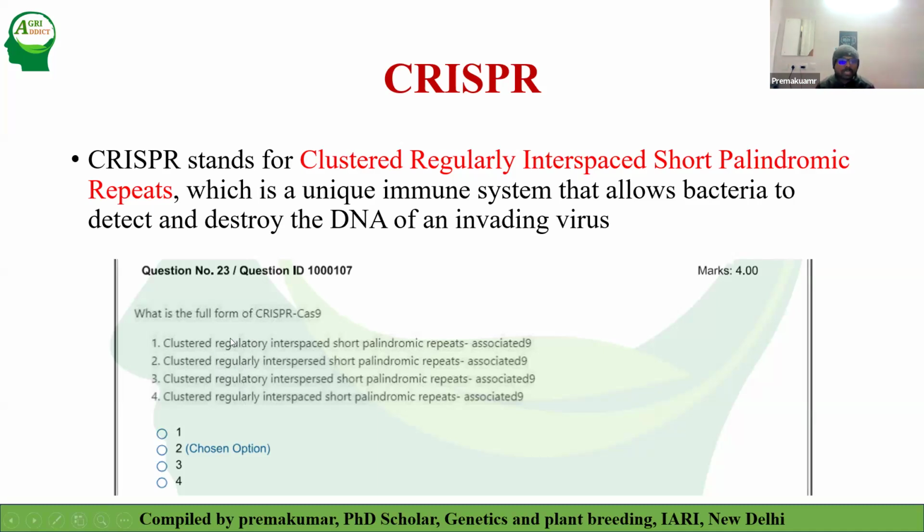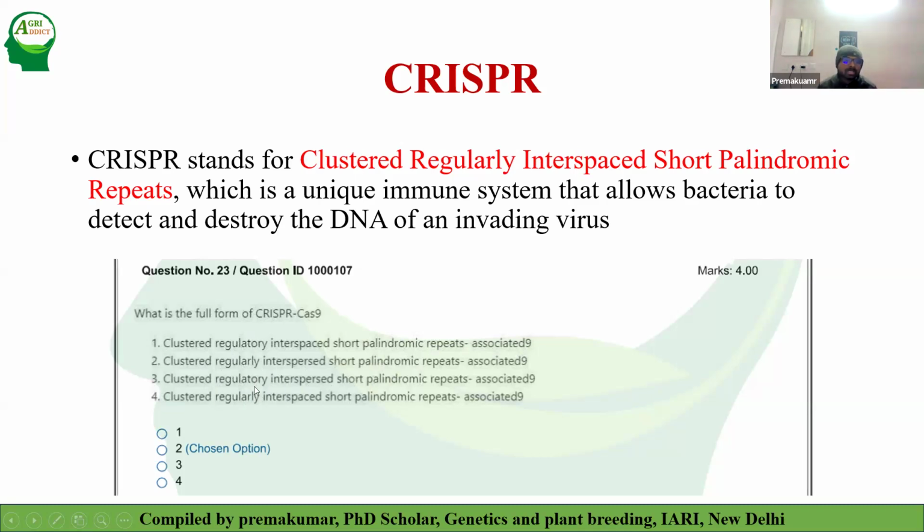Clustered regulatory interspaced short palindromic repeats associated 9, that is not right because it's not regulatory. Then clustered regularly interspersed, it is interspaced, so this is also wrong. Then clustered regulatory interspersed, again wrong.